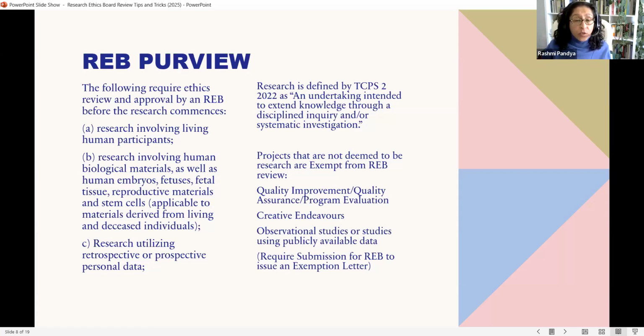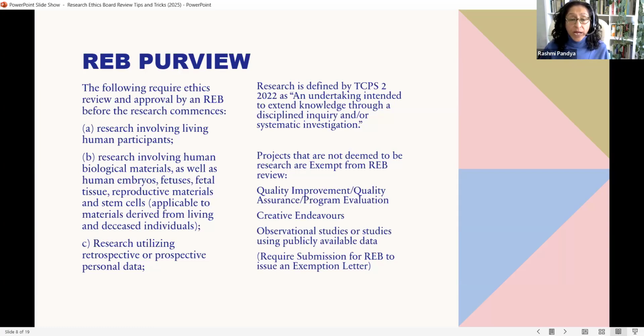Observational studies or studies that are using publicly available data would be exempt from REB review as long as there's no distinct identification of specific individuals. Under observational data, you wouldn't want to be recording conversations people are having, even if it's in a public place, without permission.